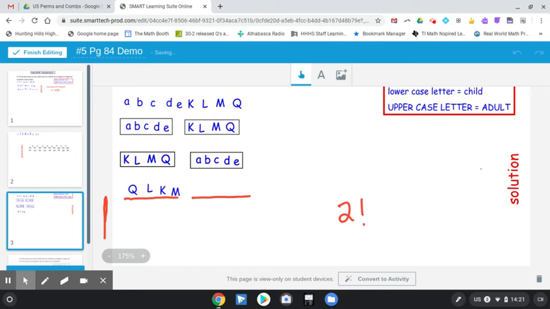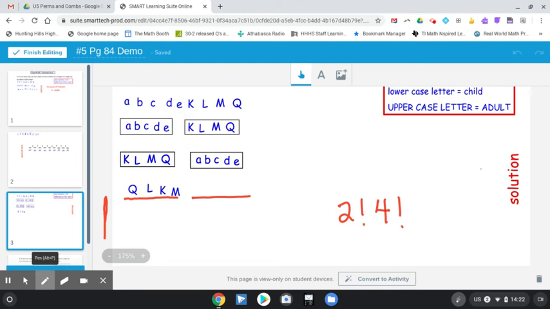So within this little group of adults, 1, 2, 3, 4, those elements could be arranged 4 factorial ways. And it's the same thing for the kids. The children do not have to be in this order. These 5 children have to stay together, but they could be in any order.